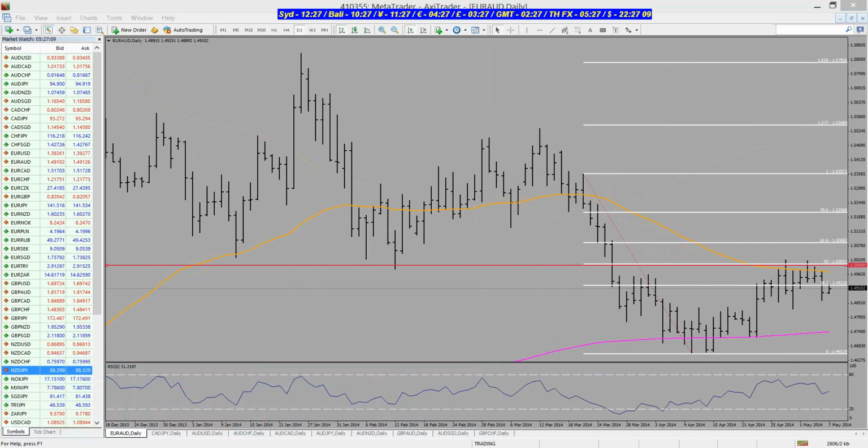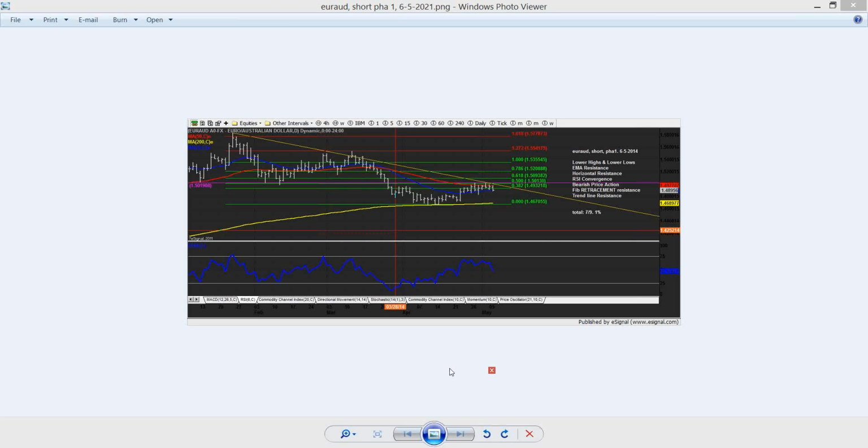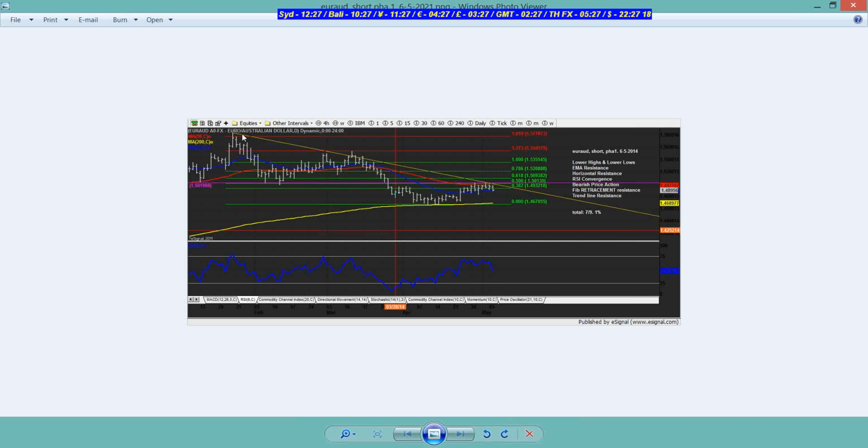Okay. Euro Aussie short, that's the only one you found. You say Euro Aussie short phase one. Look, I can see your trend line. You've gone straight through that, so you could hit that.